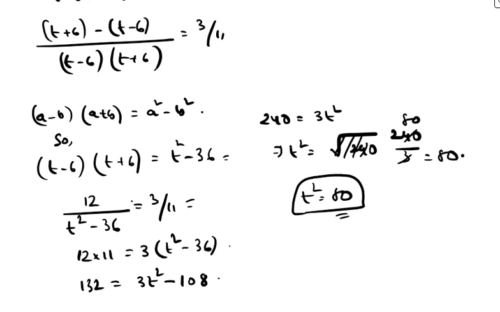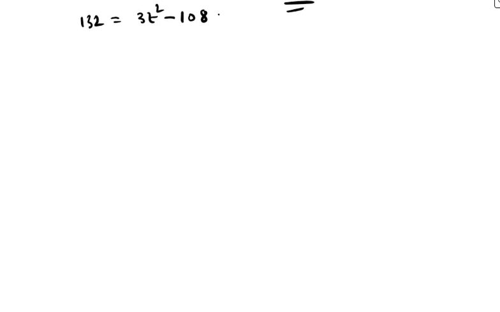Now back substitution. We know t = √x. We know that. So t² becomes x. Therefore x = 80. Now since t = √80, which is greater than 0, the solution is valid.